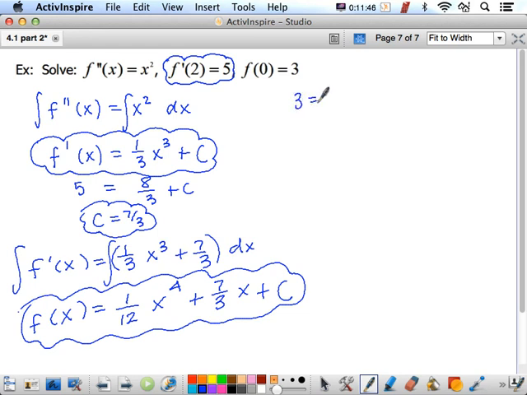So what's the constant equal? 3. So we know that our constant is 3. And so for our final answer, we have f of x is equal to 1/12 x to the 4th plus 7/3 x plus our final constant of integration, which we found to be 3.